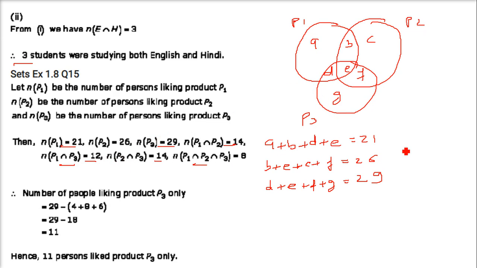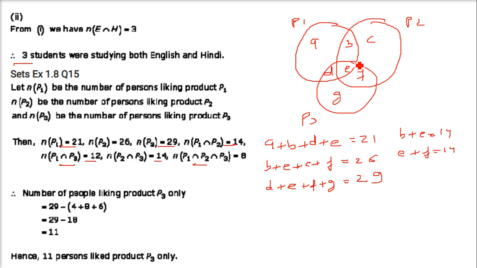Now the intersection part, I'll write it here. P1 intersection P2. So what is P1 intersection P2? B plus E. B plus E is given as 14. Then again we have one more 14, which is P2 and P3, E plus F. This is again 14.